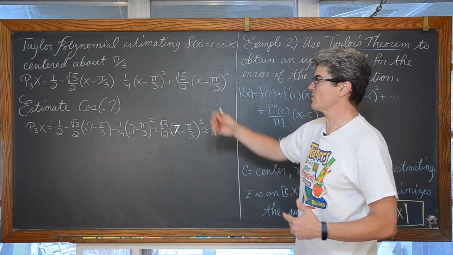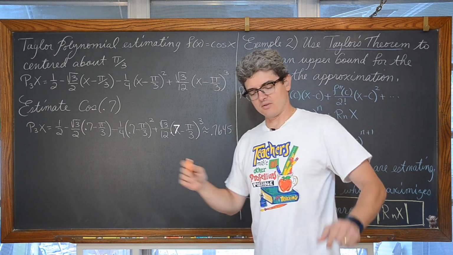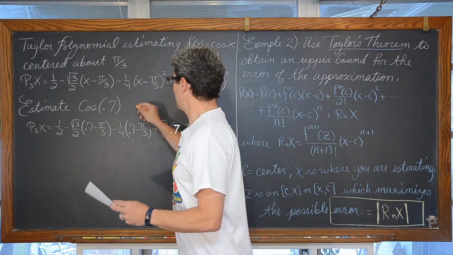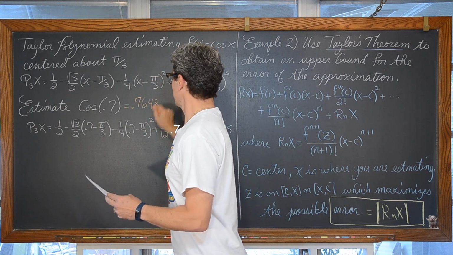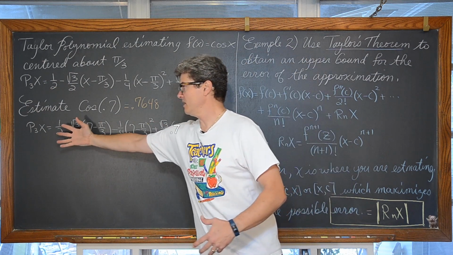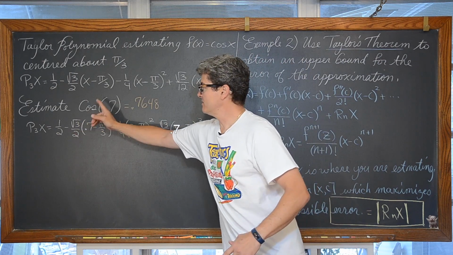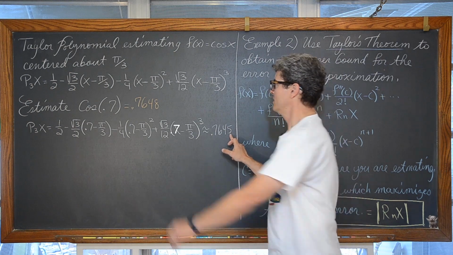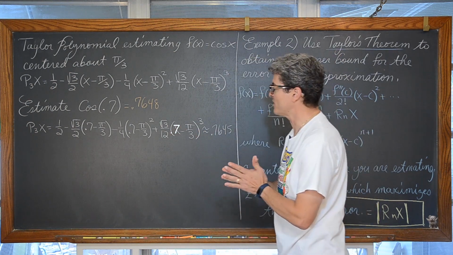Now we can type this into our calculator and see that with our fancy calculators the cosine of 0.7 should be equal to 0.7648. So with just a little bit of work, we could estimate that cosine of 0.7 within 0.0003. So really, really close approximation with just a third degree Taylor polynomial.